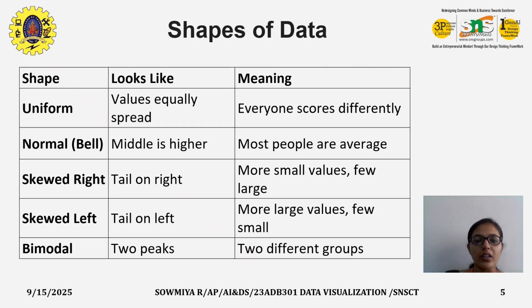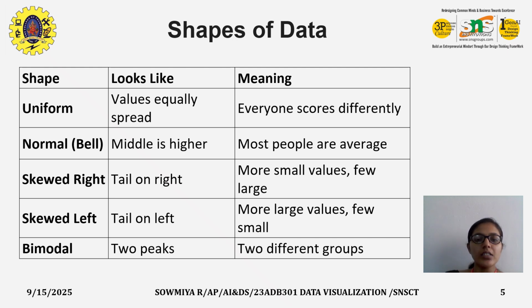Shapes of data. Data doesn't always spread the same way, it takes different shapes. Let's look at three common ones. First one is normal distribution, like a bell curve where most values are in the middle and fewer on the edges. For example, human height. Then second one is skewed distribution, where data is tilted either left or right.